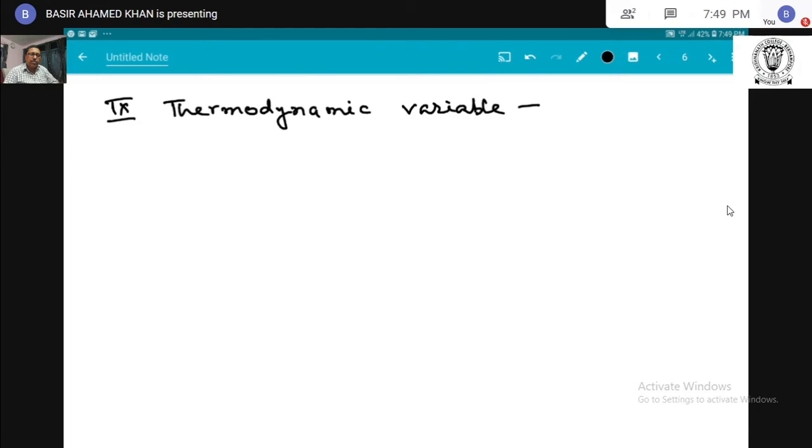Thermodynamic equilibrium, in very short, I can say a thermodynamic system is in thermodynamic equilibrium when three conditions are satisfied. That is, this system is in mechanical equilibrium, chemical equilibrium, and thermal equilibrium. Then the system is called thermodynamic equilibrium.